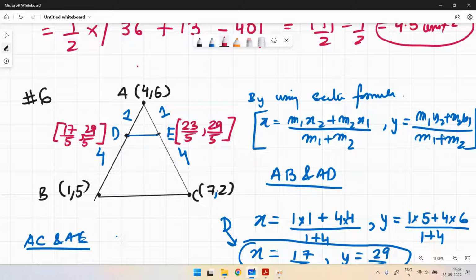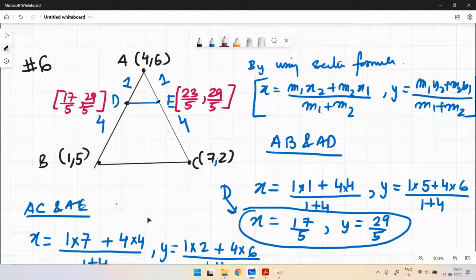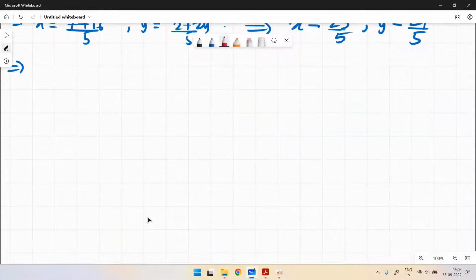These are the coordinates, and you finally know how to calculate the area of triangles. So calculate the area of triangle ABC. Now you can directly use the formula.